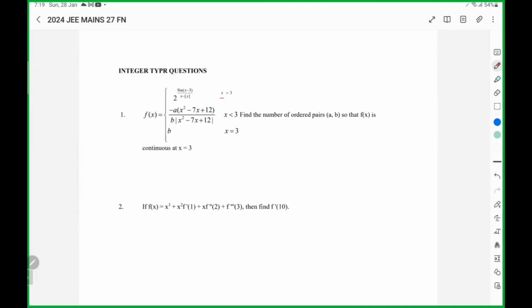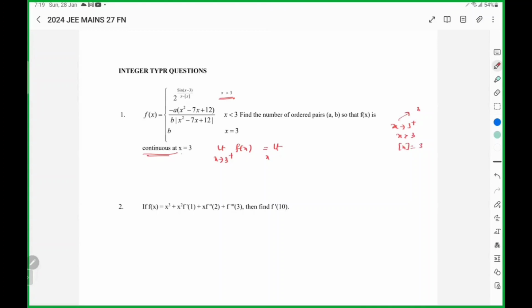Here he told it is continuous at x equal to 3. So left limit must be equal to right limit. First let us calculate 3 plus. X 3 plus means x slightly greater than 3.